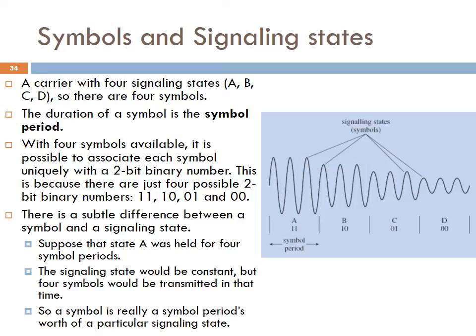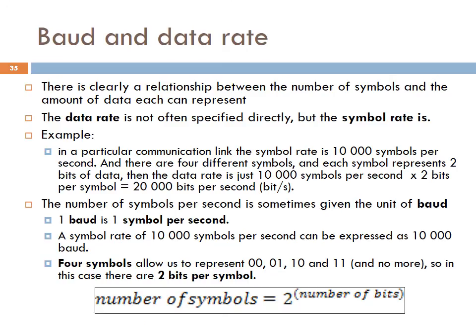So to generalize, the number of symbols N is equal to 2 to the power of the number of bits per symbol.